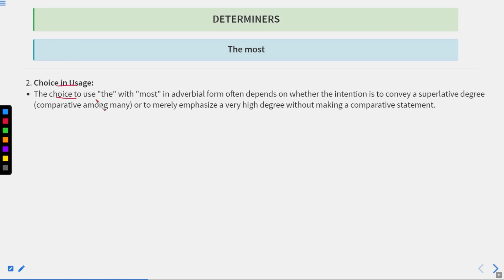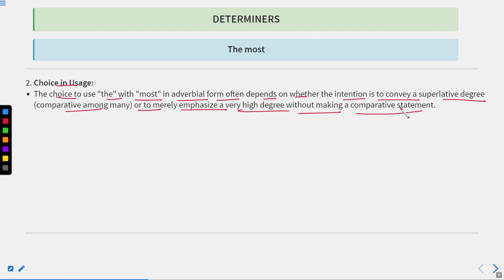Choice and usage. The choice to use the with most in adverbial form often depends on whether the intention is to convey a superlative degree, comparative among many, or to merely emphasize a very high degree without making a comparative statement. Now, this is the thing when we want to use the before most as an adverb or not, it depends on the situation.